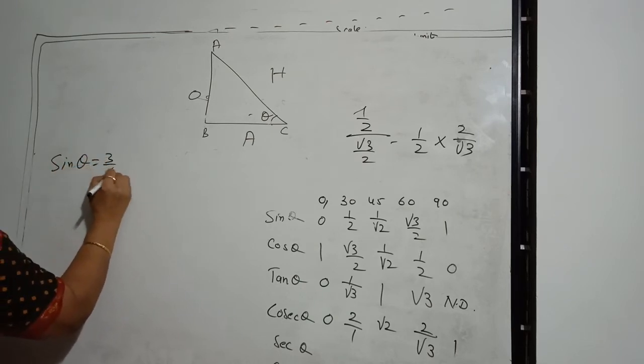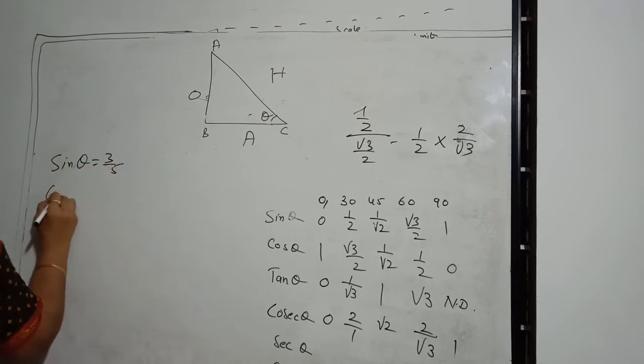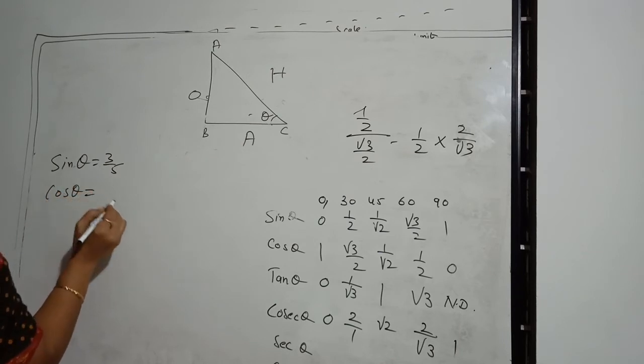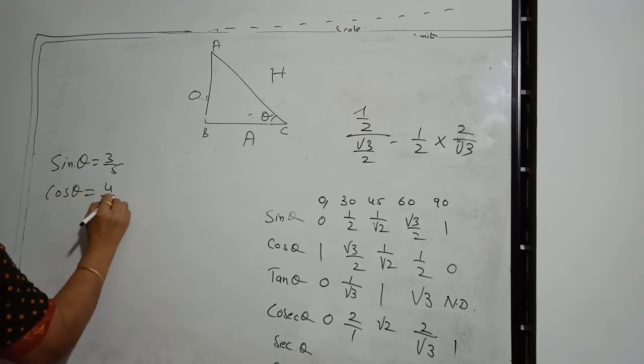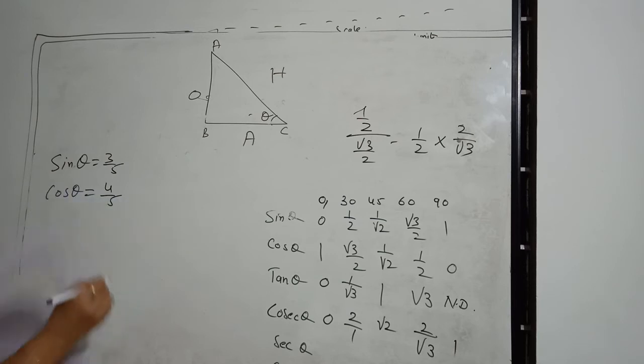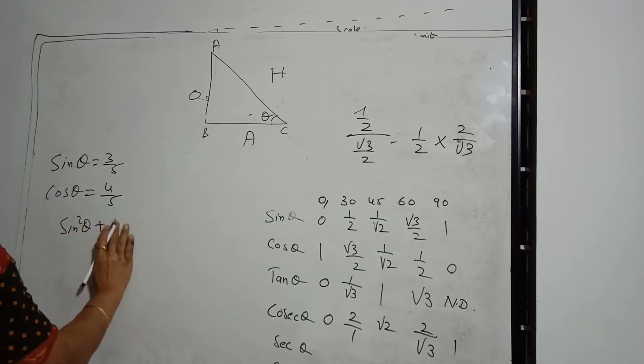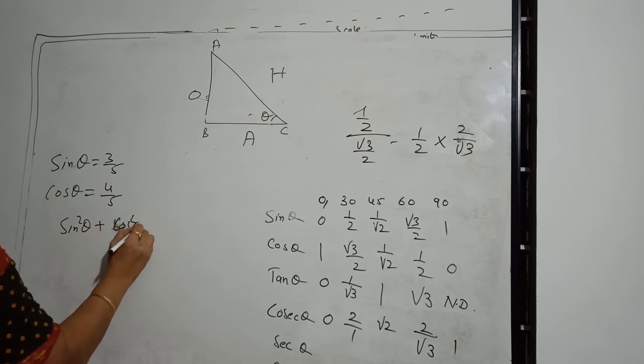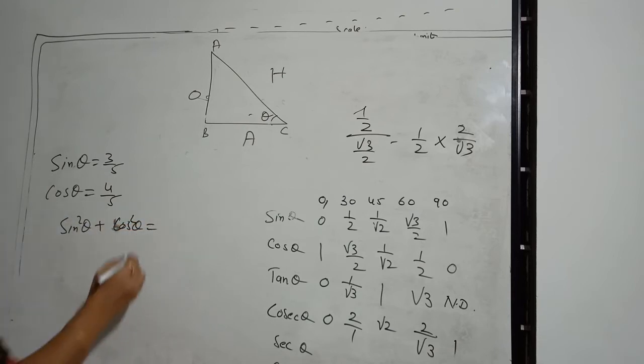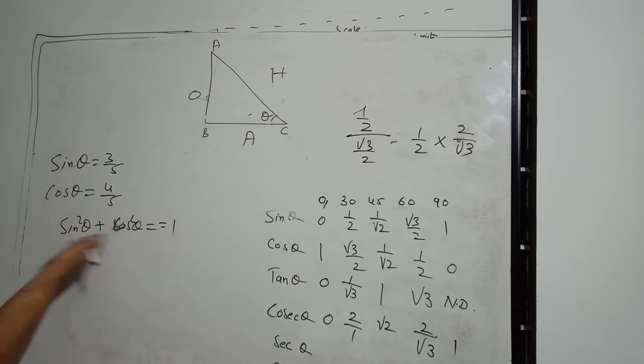Then one more most likely question. Sin theta is equal to 3 by 5, cos theta is equal to 4 by 5, and they are asking you sin square theta plus cos square theta. Actually the answer should be equal to 1 according to the formula.